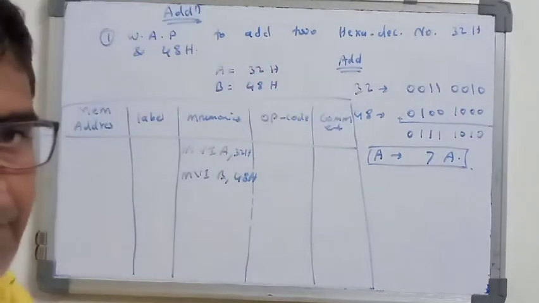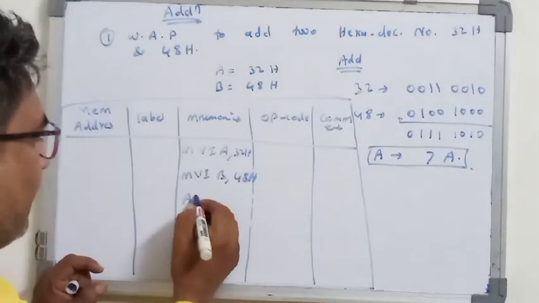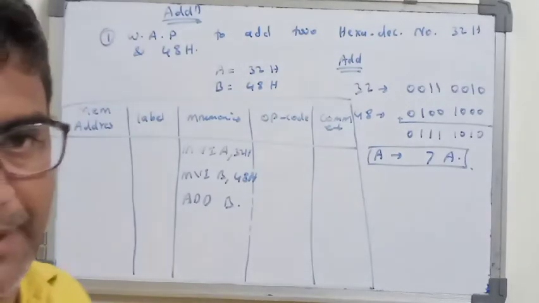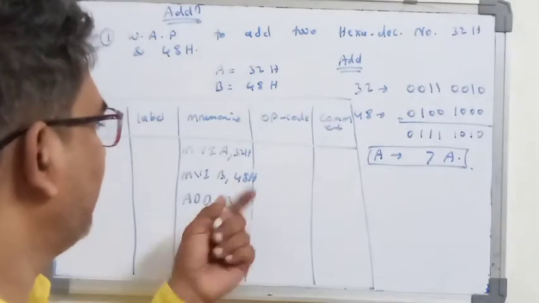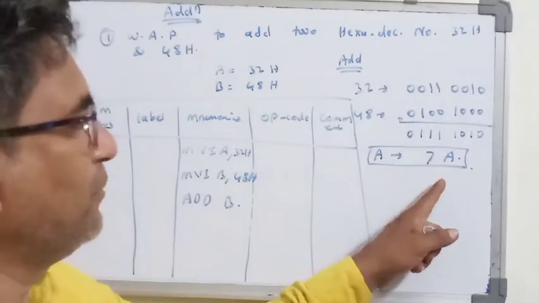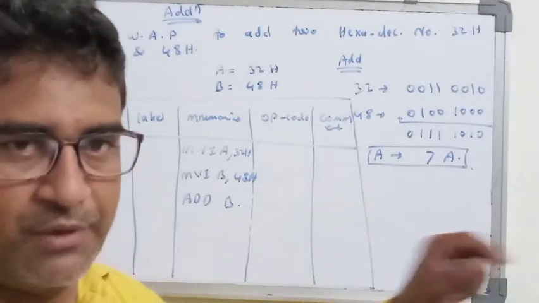We have to add the two numbers, means which is the instruction? Yes, it is ADD B. Okay, ADD B. If this B gets added, then automatically 32 number and the 48 number will get added, and the result will be shown like this. Okay, we will see all of it in that Anshuman kit.